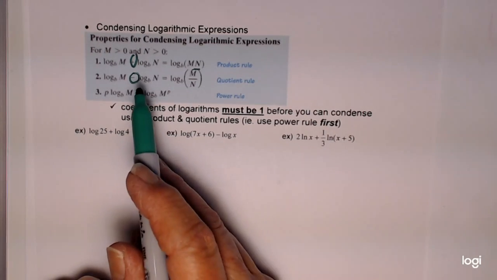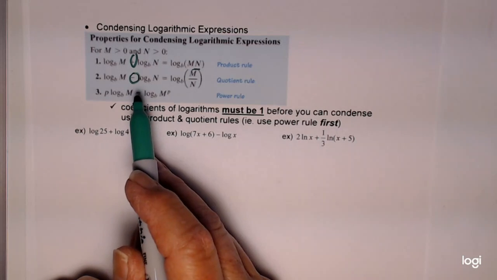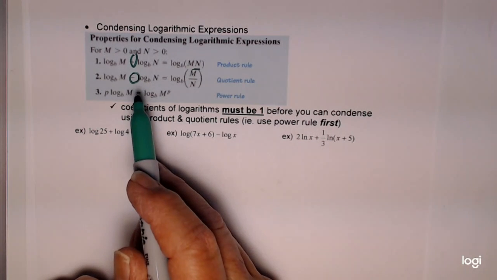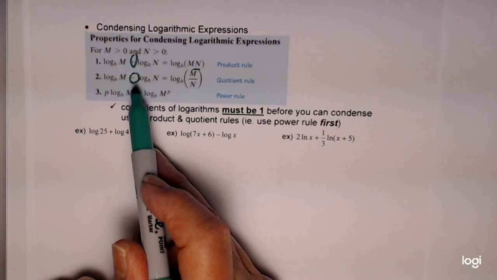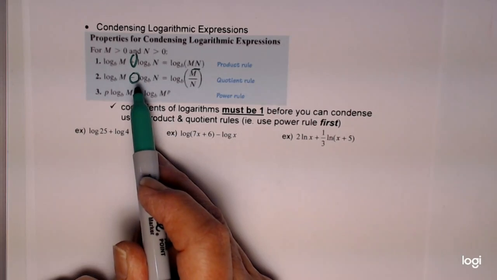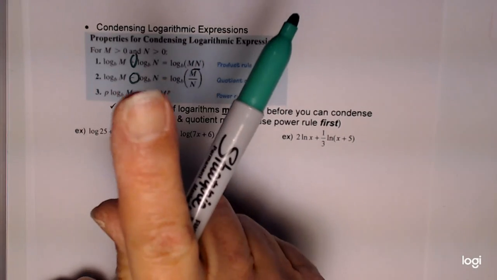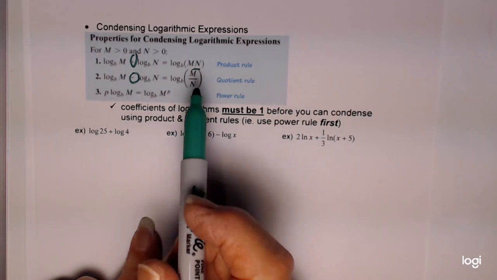The same properties we used to break one log statement up, we're going to use to put the pieces back together, like our Humpty Dumpty logarithm. After this process, the answer will be one log statement. So just one log statement.